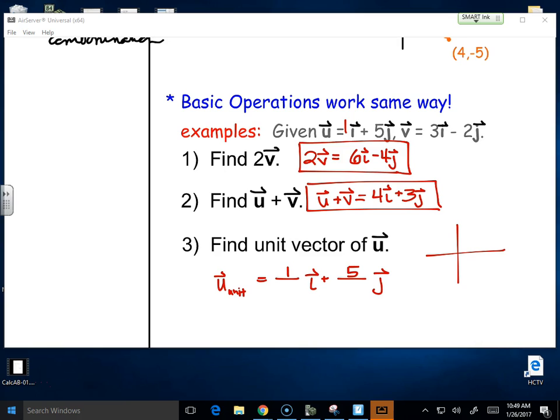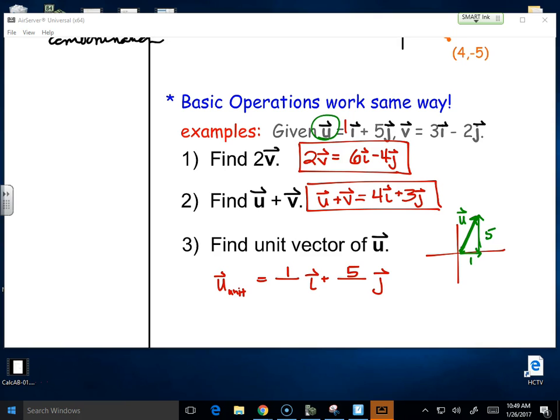okay, so my vector, technically, if I was to show him for u, I would go over 1, I would go up 5, and we have vectors now since we're doing linear combinations. Okay, there's my vector u. I know my 1, I know my 5. What am I trying to find to scale back to have a unit vector, aka with the hypotenuse or the vector magnitude of 1?